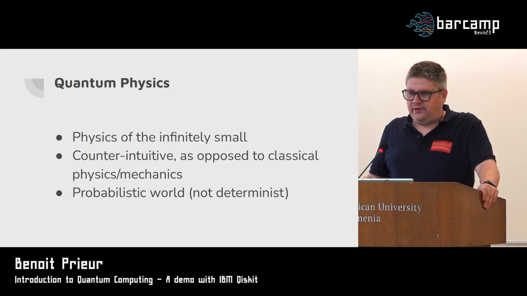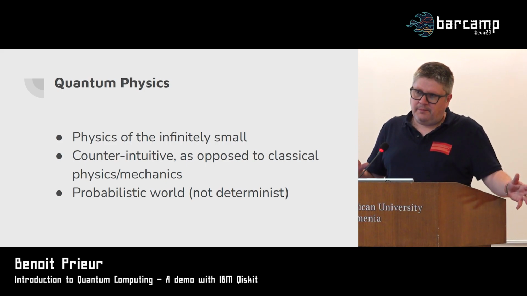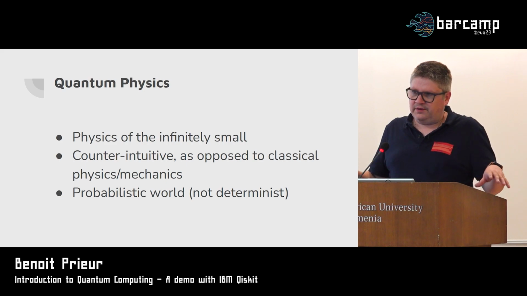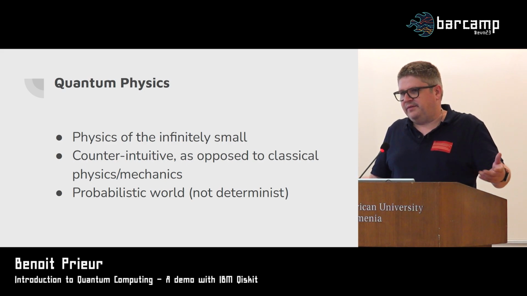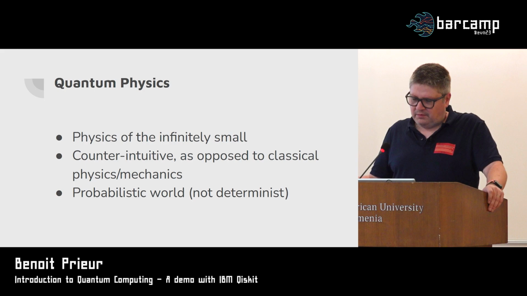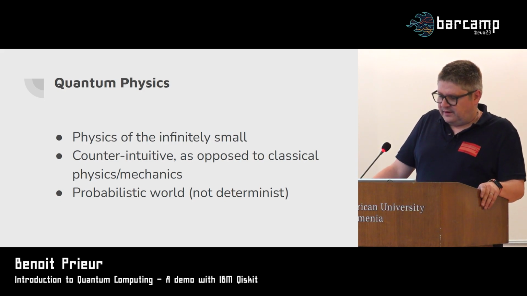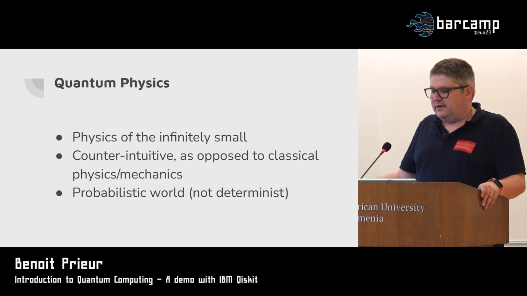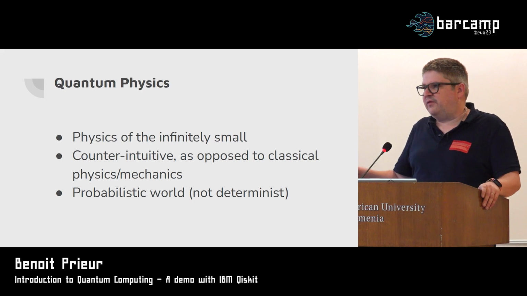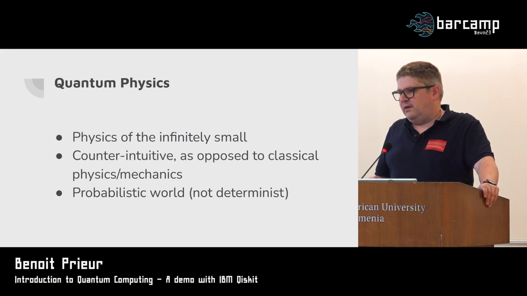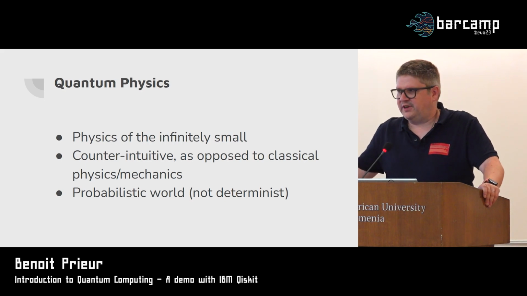And the second point, there is a connection between this world and our world, if I can say. And we will see that much later. And the big point is our world is deterministic in terms of mechanics. If I have every hypothesis, for example, with this object, I throw it.